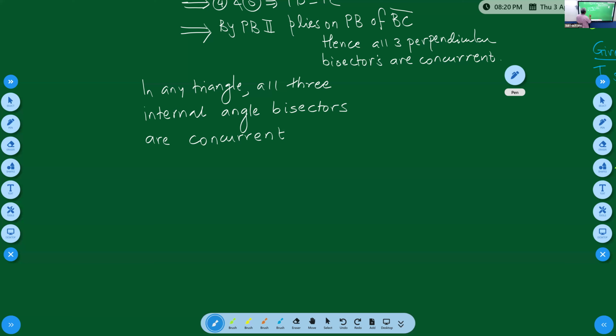Okay. So now if we draw any triangle, and if you draw three angle bisectors, one here, another here, and third here, you will find these three distinct lines pass through a common point.